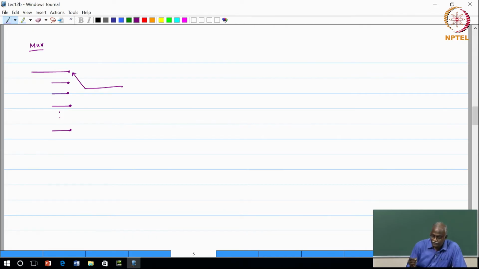Okay. Now, the upsampler by a factor of L says that there are L lines. So, this is line number 0, line number 1, this is line number L minus 1. Now, this has the data x of n that those samples must go through, and I have to insert L minus 1 zeros.